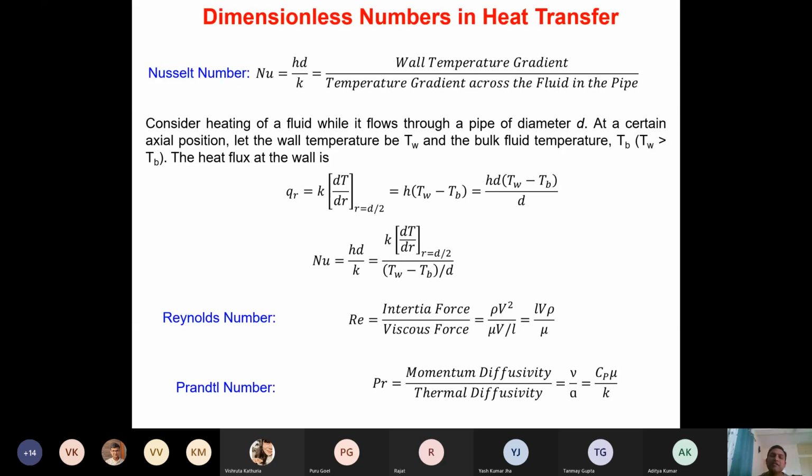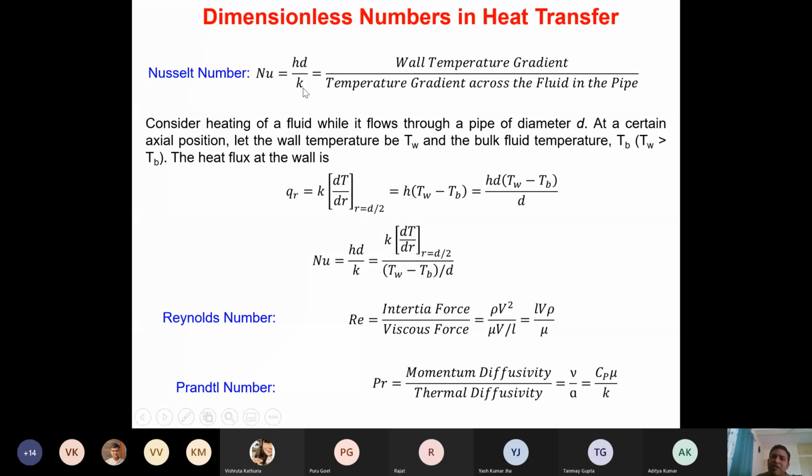So the first dimensionless number is the Nusselt number. As I said, we have used this form earlier, but we have not looked at its physical significance. So let us look at the Nusselt number. The Nusselt number is usually defined as hD by k or hL by k, where D or L is a characteristic length, whatever length you are looking at in that particular system.